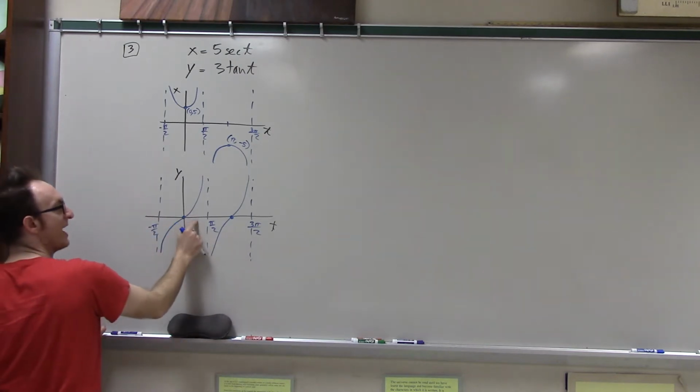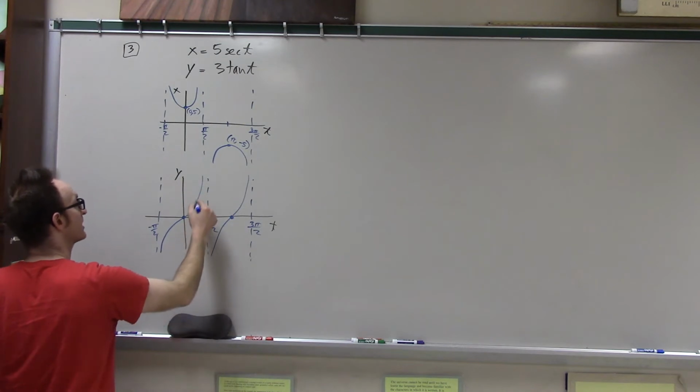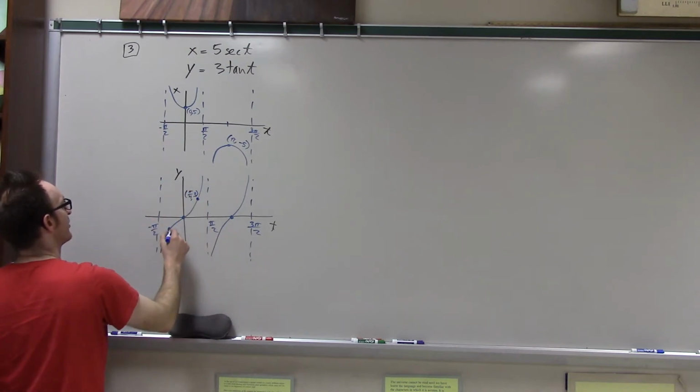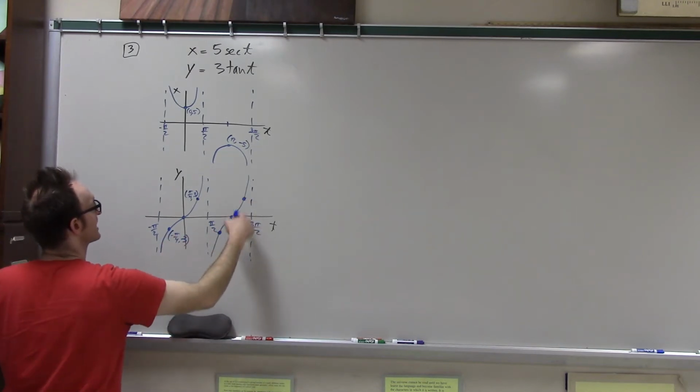Normally when I plug in pi over 4, I get back 1, but since this is 3 tan, when I plug in pi over 4, I get back 3. So I get this point pi over 4 comma 3, and here I have a point negative pi over 4, negative 3, and maybe these points I care about too.